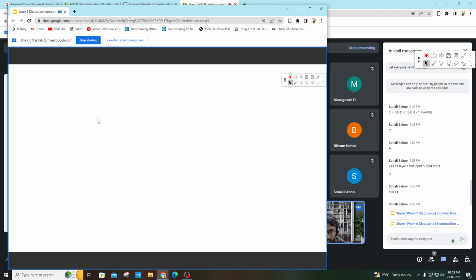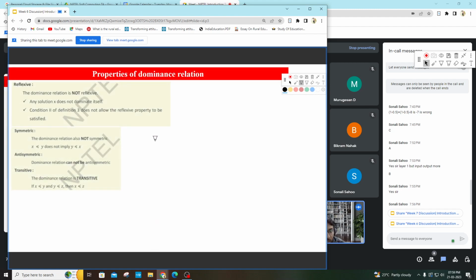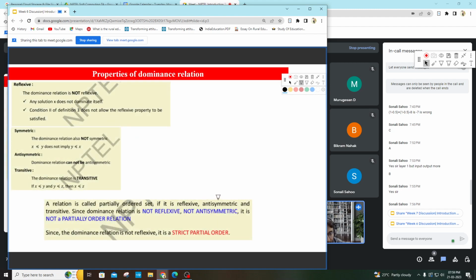Because when we compare a point xi with the same point xi, our first condition is satisfied, that xi is no worse than xi, but xi should be strictly better than xi in at least one objective. That is not happening, because xi is equal to xi. So that is why our dominance relation is not reflexive, not antisymmetric, but transitive.